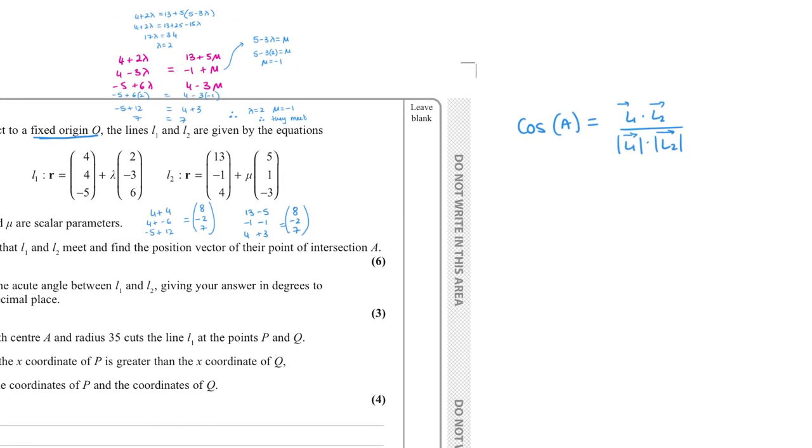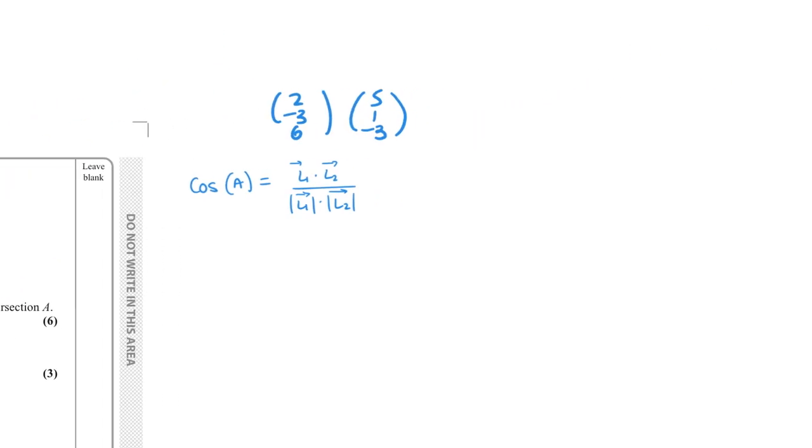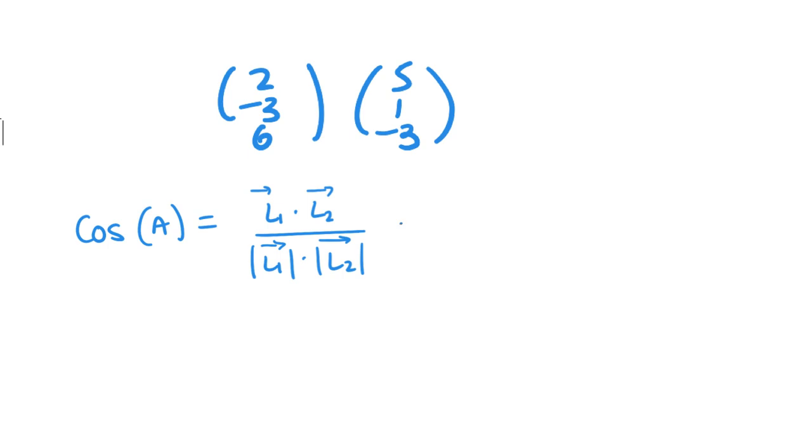So, okay, we're going to have (2, -3, 6) and (5, 1, -3). Okay, so the dot product is 2 times 5, 10, minus 1 times 3, minus 3, 6 times minus 3, minus 18, over. Now the magnitude.